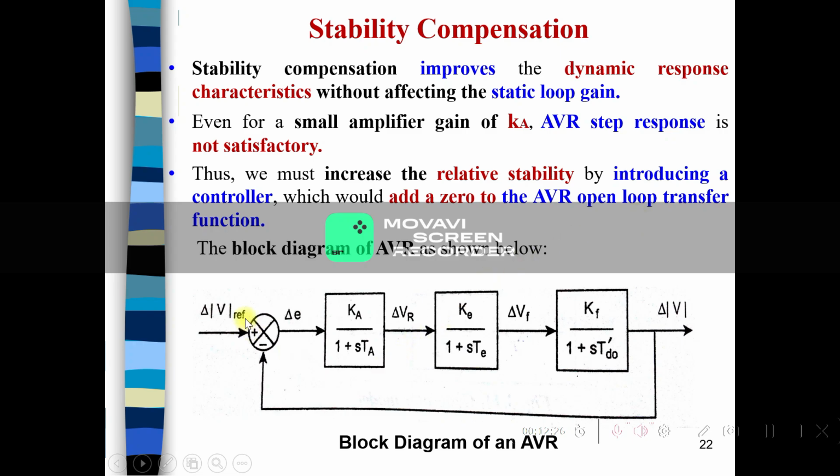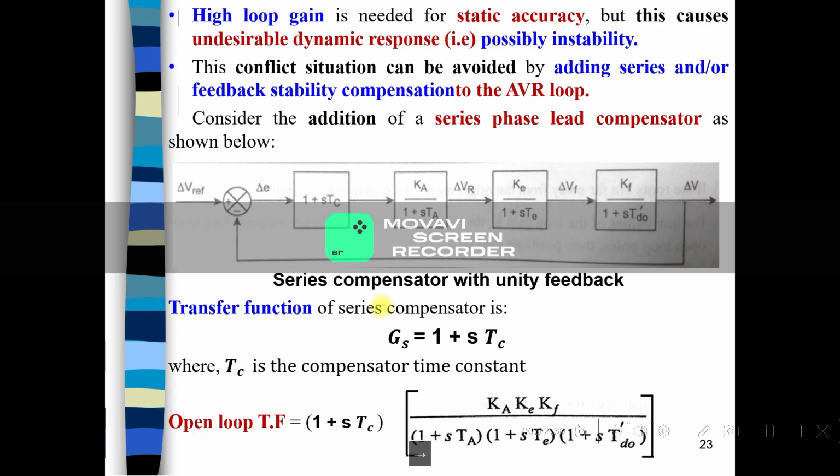transfer function. So again the same block diagram, we are going to reduce this for dynamic response: comparator, and then amplifier and exciter, and then generator modules. So here it will be connected as a series compensator with the unity feedback.